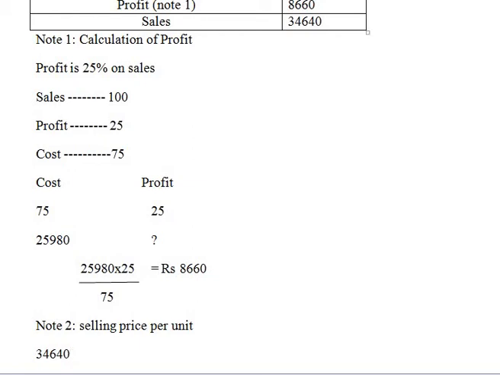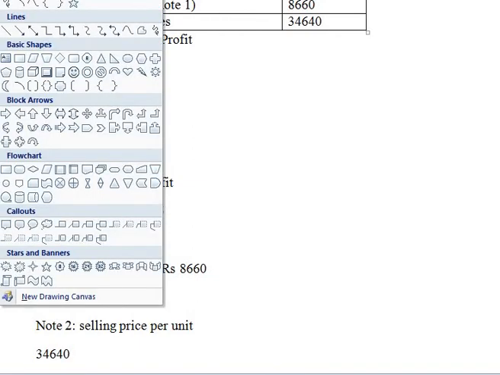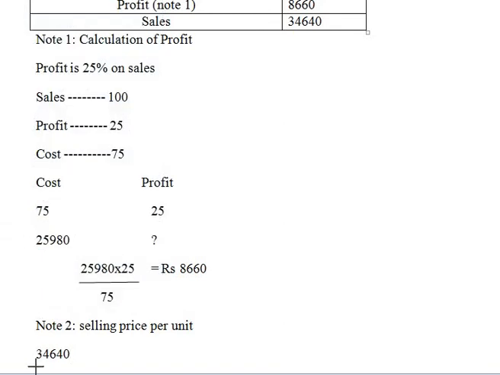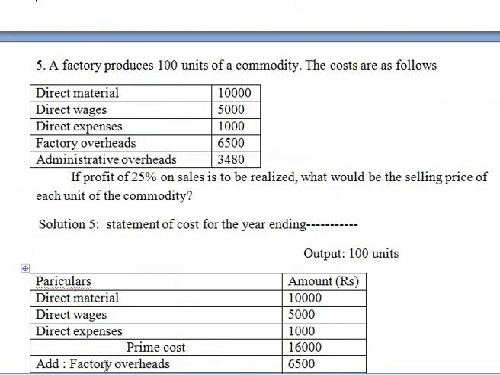Now divided by units. How many units have they told? Units is already given in the problem: a factory produces 100 units of a commodity.